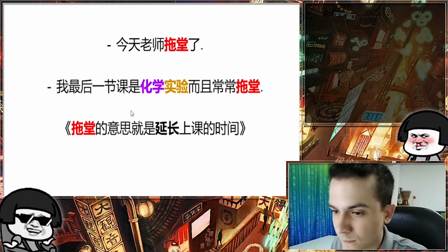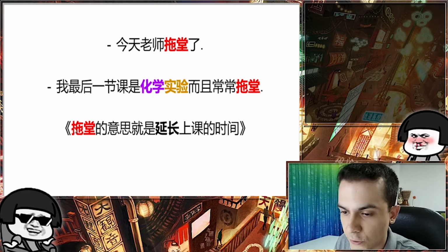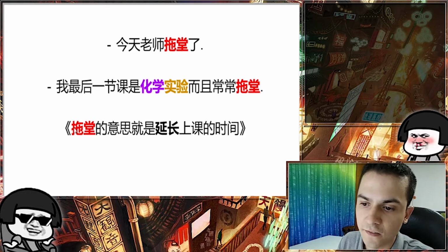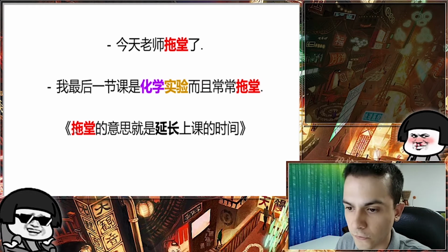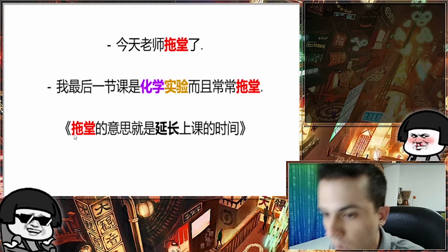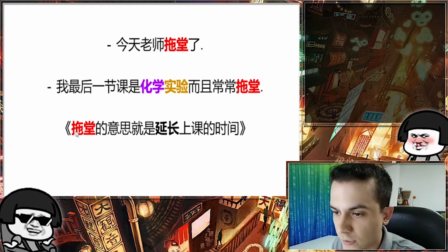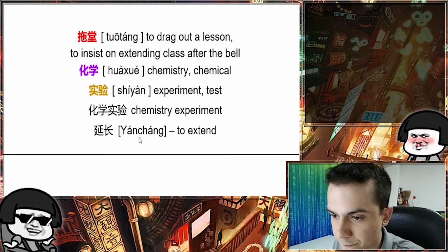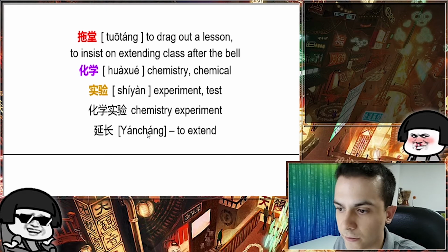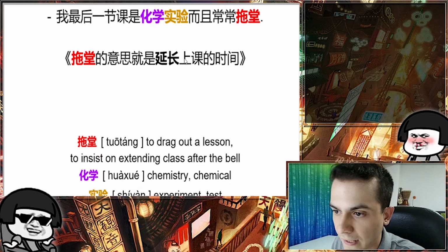拖堂. Okay, let's see the explanation in Chinese of this word. So 拖堂的意思就是延长上课的时间. Okay, here we have the new word 延长 to extend what? Class 上课的时间.